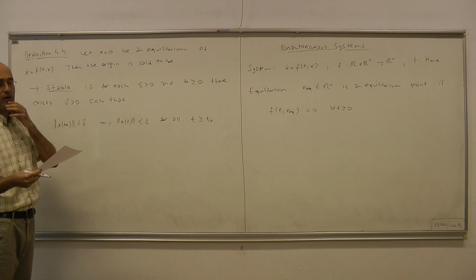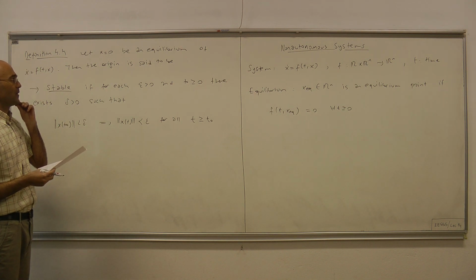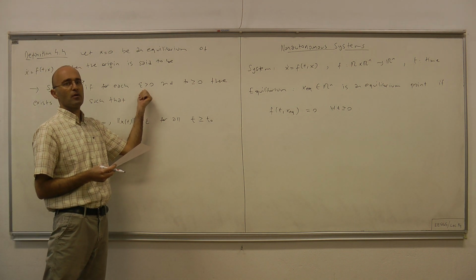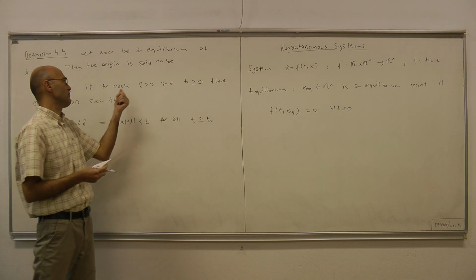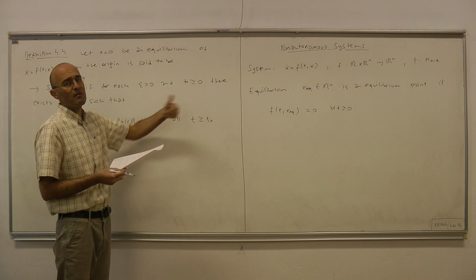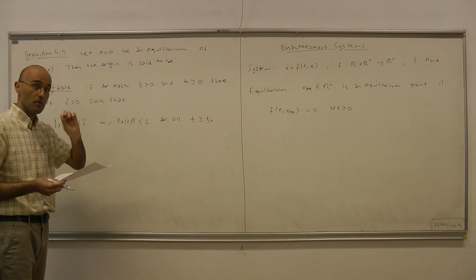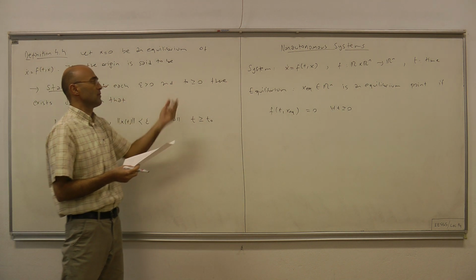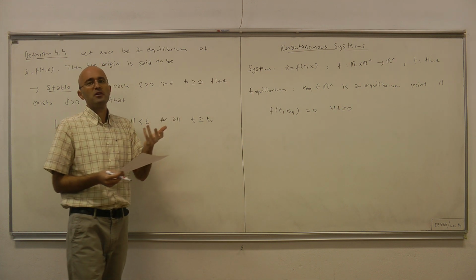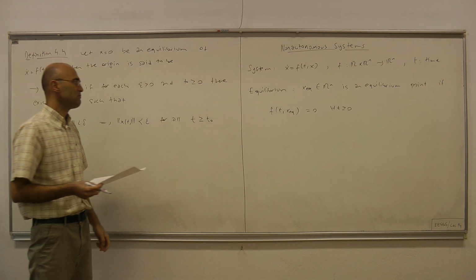Okay. Now for the autonomous system, this delta only depends on epsilon, okay? Because if delta works for an epsilon at some initial time, it will work for all initial times for the autonomous system, because, well, you can always, without loss of generality, take the initial time to be 0. Okay.